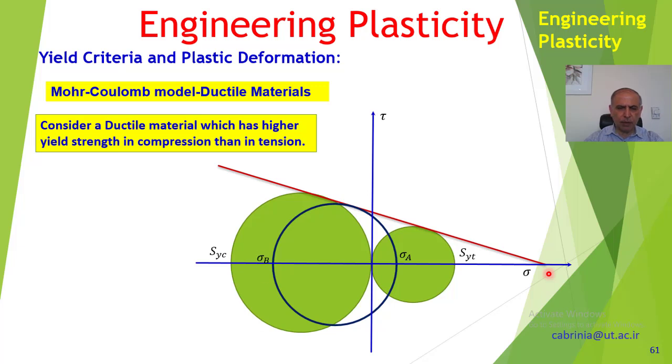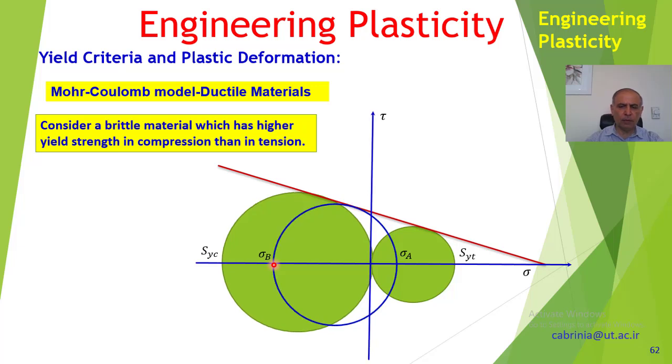Now, sigma A and sigma B are two values for the material under tension and compression. If I now draw some lines like these yellow lines, this is the center of the big circle here.